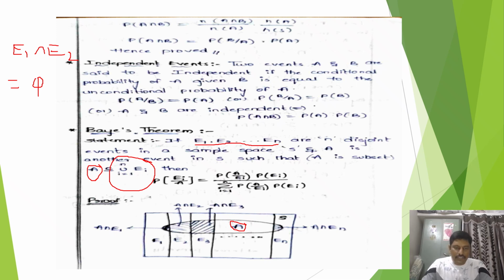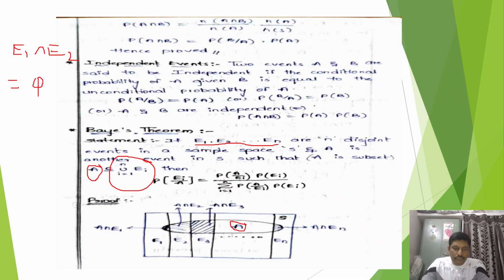This is the meaning of A is contained in the union of i equals 1 to n Ei. So A is another event which contains all the union of E1 to En. Okay, clear?